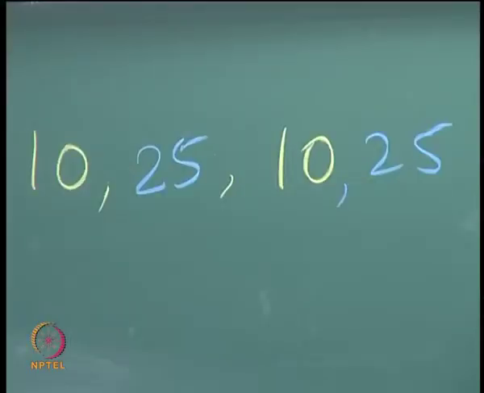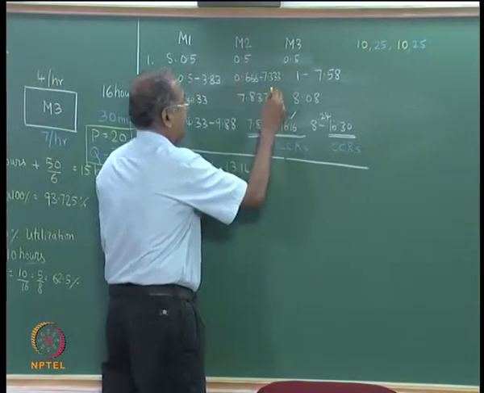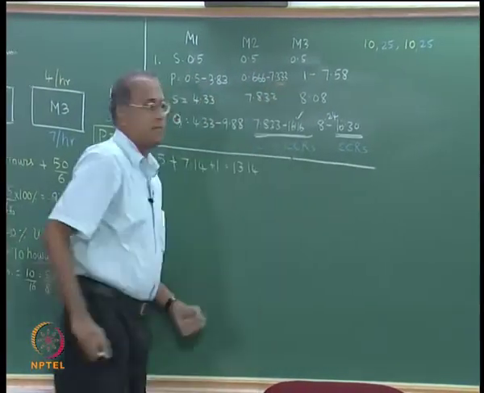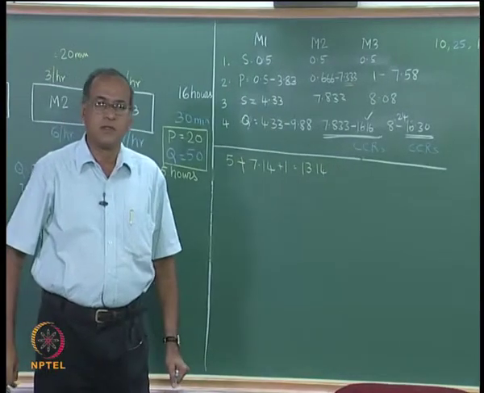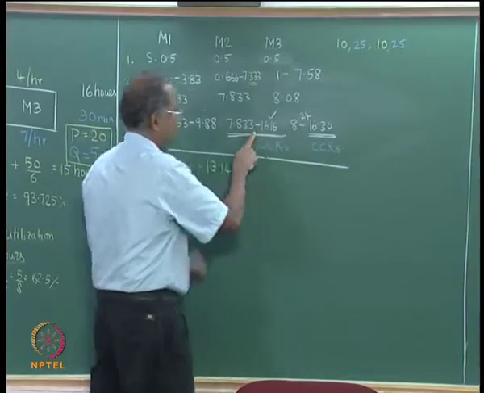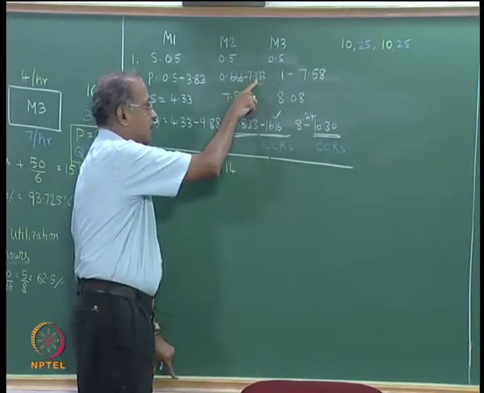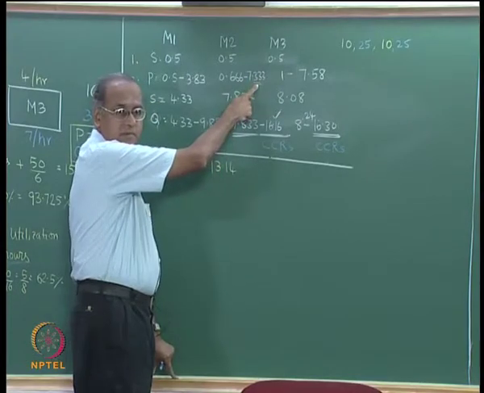The reason being, this will continuously produce 20 of P and it will be over at 7.33. Now, this will produce 10 of Q or 25 of Q, this will produce 20 of P at 7.33.